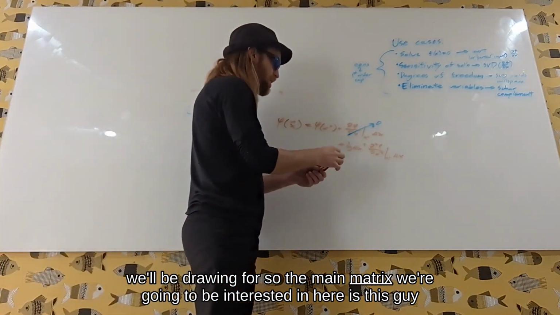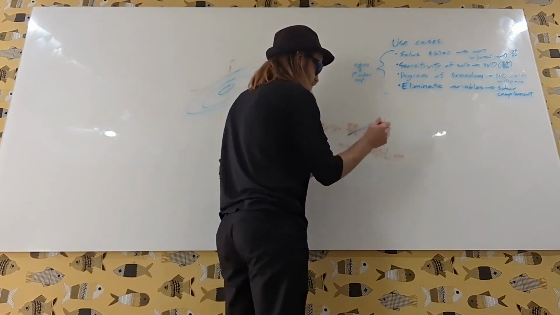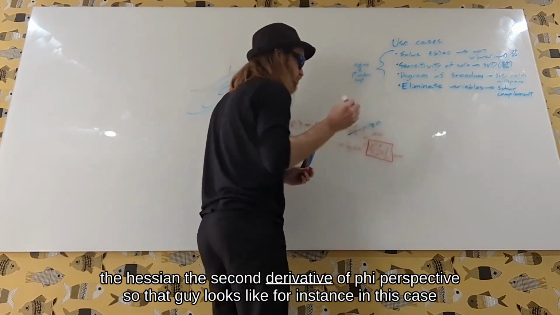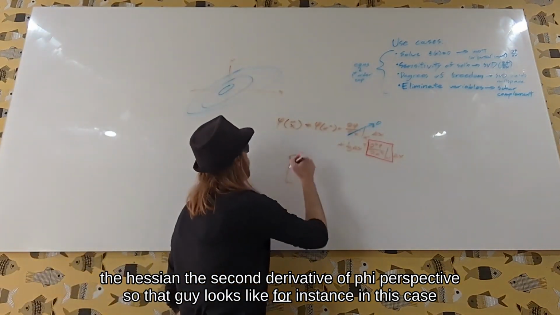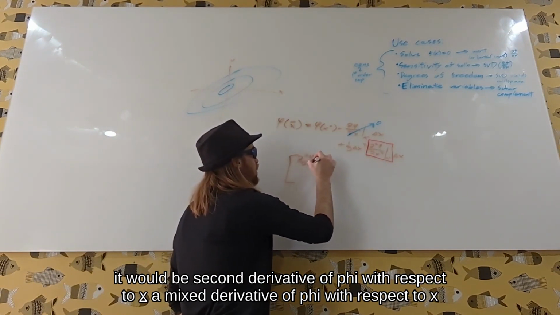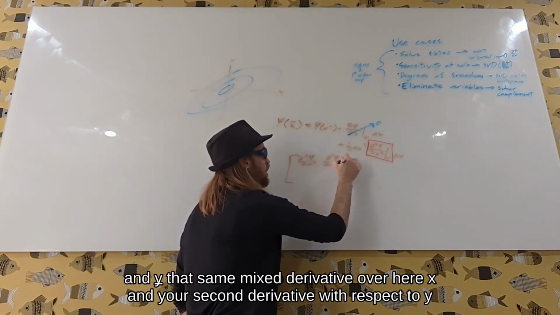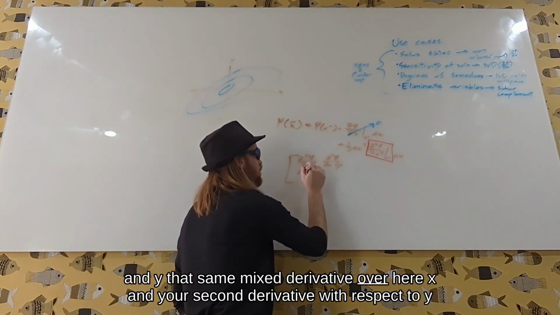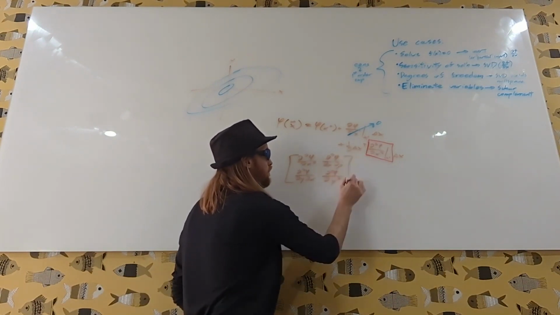So the main matrix we're going to be interested in here is the Hessian, the second derivative of phi with respect to x. In this case, it would be the second derivative of phi with respect to x, a mixed derivative with respect to x and y, that same mixed derivative over here, and the second derivative with respect to y.